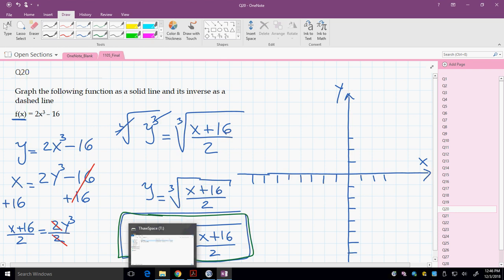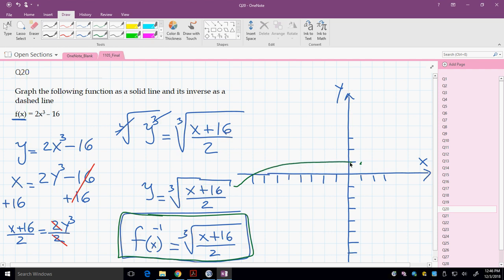So more or less it is coming under from the negative side. It's going to be up a little bit, and here it's going to cross. Then in black I'm going to do the original one, and that is coming, and down here crosses around here.